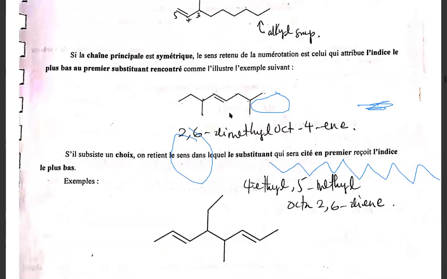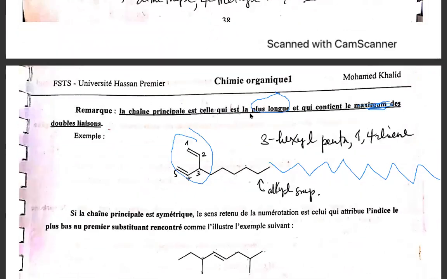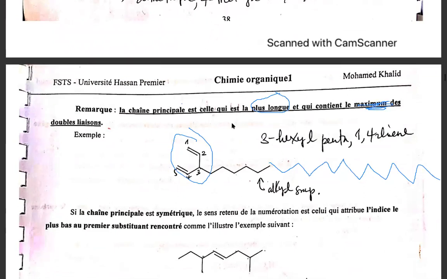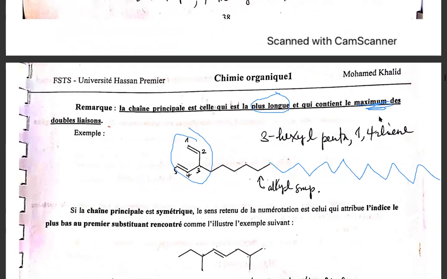So is it clear? The rule states we are supposed to have a chain that is long, of course, a chain that's long. That is for all the cases we've been looking at. But that chain should contain the maximum of the double liaisons. In other words, what it means is that we are supposed to have a function to define this compound, hydrocarbon.